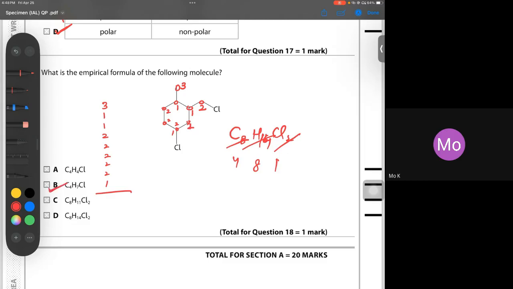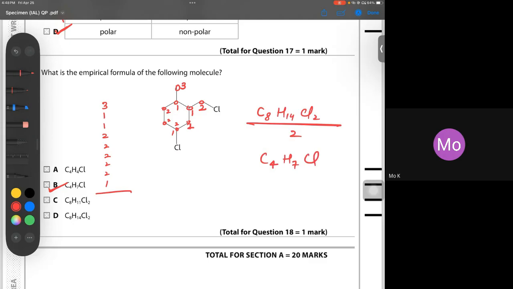I think B is the correct option. C8, H14, and Cl2, divided by 2: C4, H7, Cl1. So that's why option B is correct.